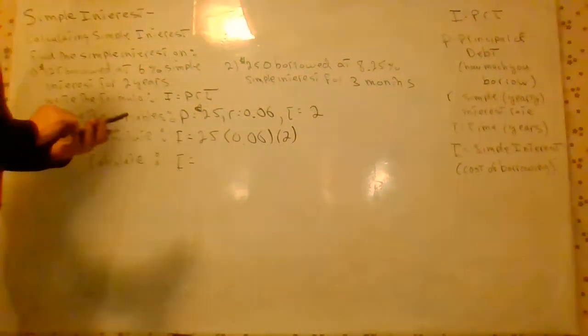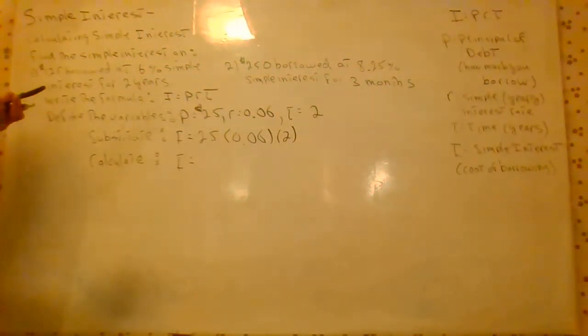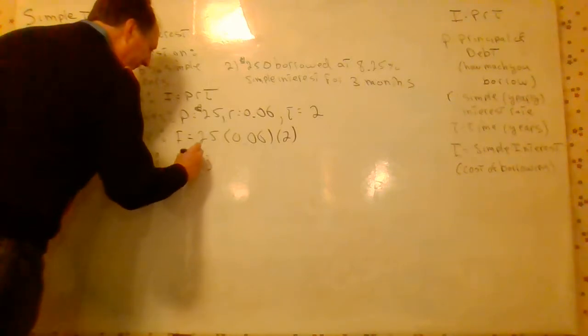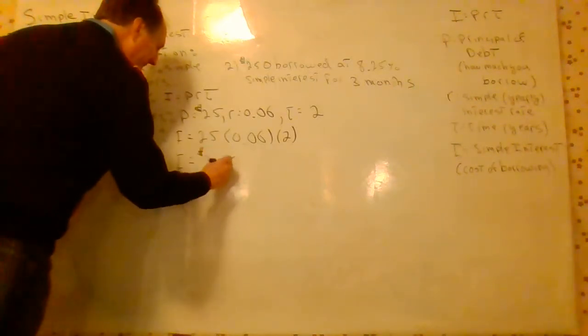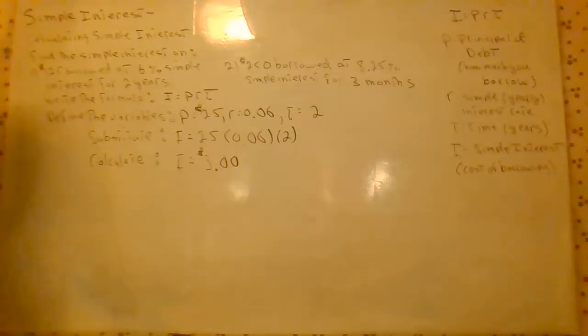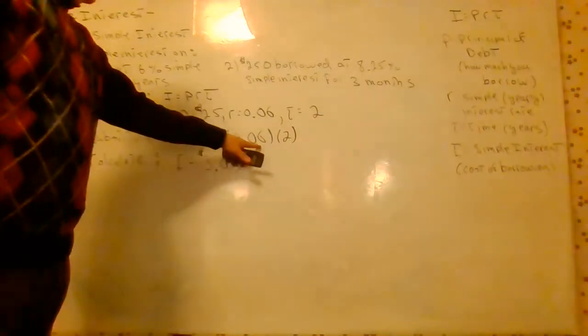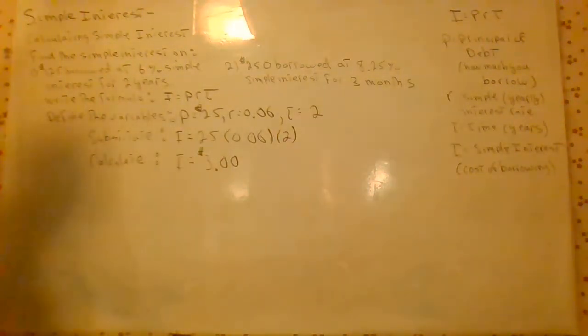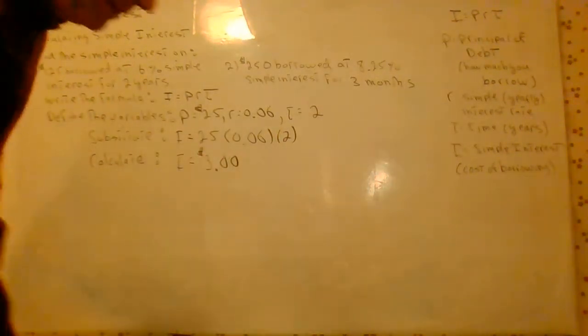Now let's go ahead and calculate this with a calculator. 125 times 0.06 times 2 equals. Then we end up with $15. Exactly. Okay, 6% of 125 is 7.5, and you double that, we get $15. That's exactly how we're going to solve these problems.